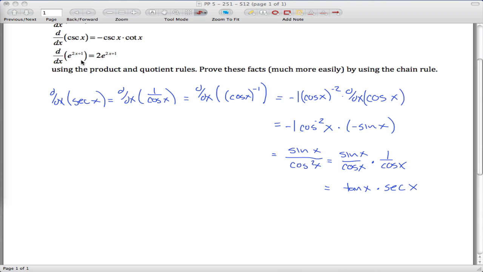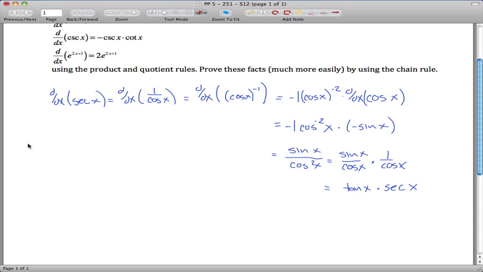Second one, really the same idea. Now it's the derivative of cosecant. Okay. The derivative of cosecant is the same as the derivative of sine of x raised up to the -1 power. And we can find this derivative using the chain rule.